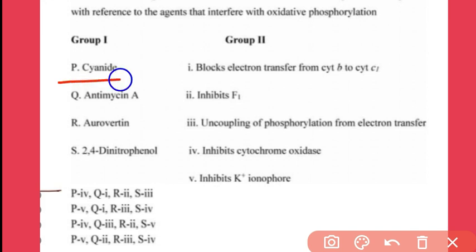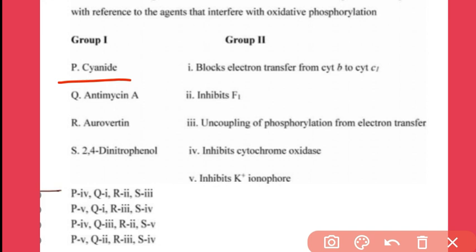The first is cyanide. Cyanide is an inhibitor of the mitochondrial electron transport chain. It binds to the heme A3 prosthetic group in complex 4, that is cytochrome C oxidase. Toxicity of cyanide is cessation of aerobic metabolism in the cell.